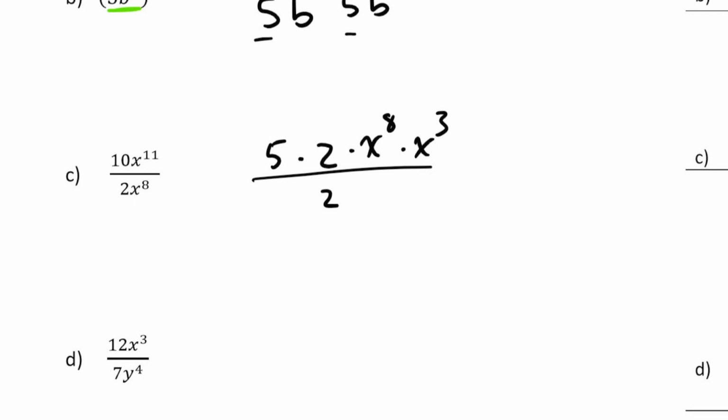So I'm just visually checking that x to the 11th is really the same thing as x to the 8th times x to the 3rd, and it is 8, 9, 10, 11. And then the denominator there is an x to the 8th. So you can see here, I got 2 1s, but also this is all just 1. So I'm left with an answer of 5x to the 3rd power. 5x to the 3rd power is the answer for C.